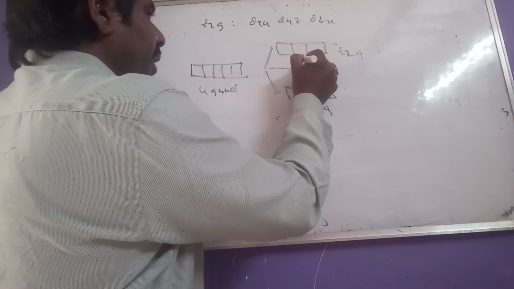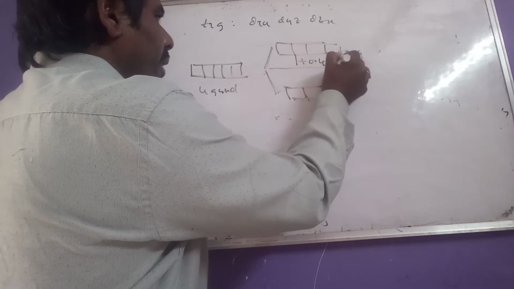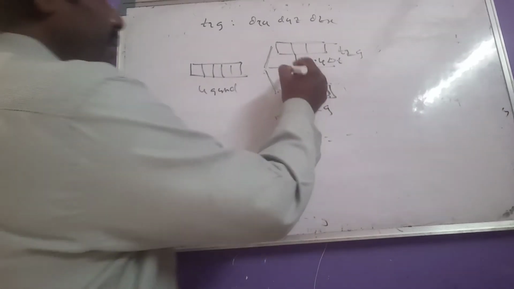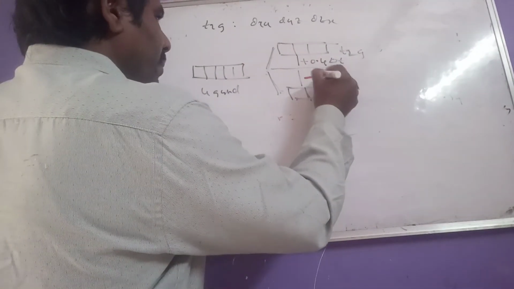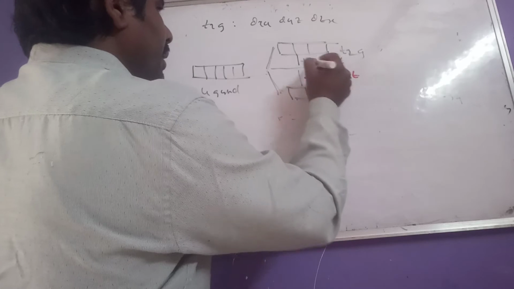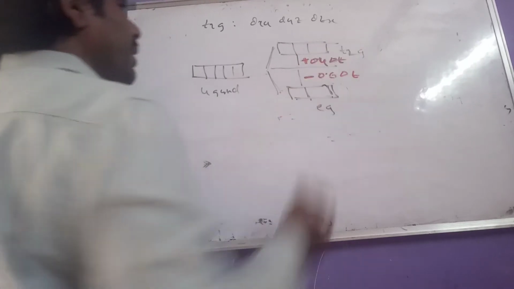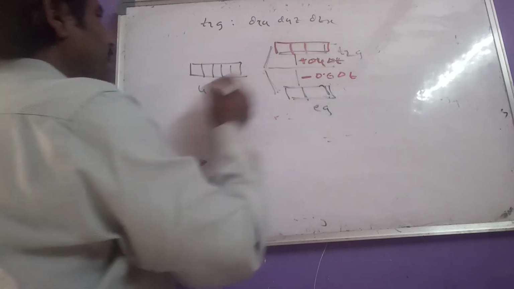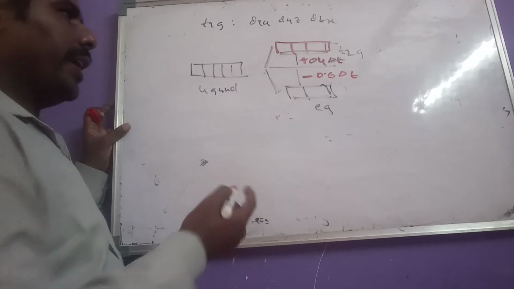This energy is increased by plus 0.4 delta t, t for tetrahedral, and this energy is decreased by minus 0.6 delta t. So this is the splitting in the case of tetrahedral. In this also it is the same story.